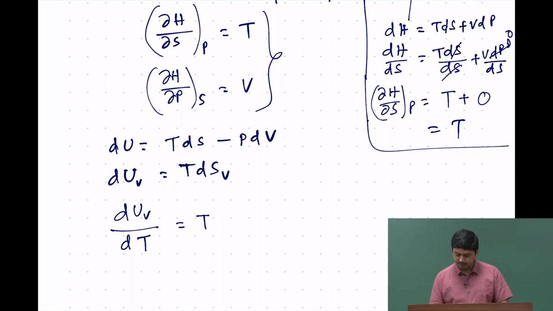We will do one more step, we will not jump here. We are dividing by delta T on both sides and taking the delta T limit to be 0.